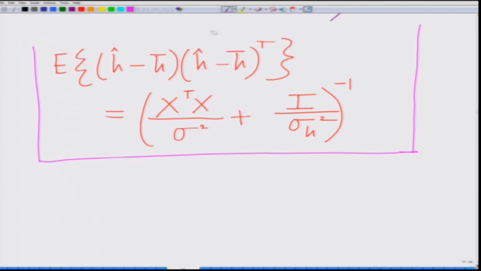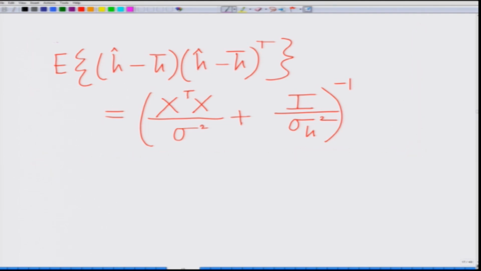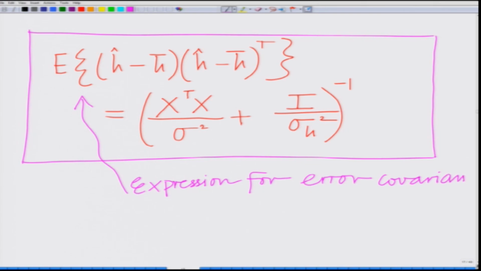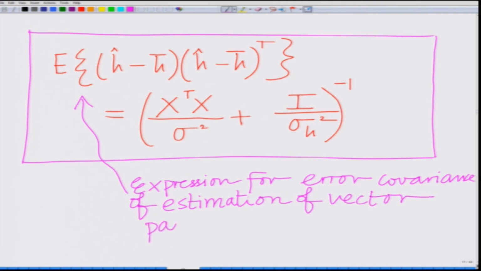Of course, we have done this in the context of downlink multi antenna channel estimation, but realize that this is the general expression for the error covariance for the estimation of a vector parameter.